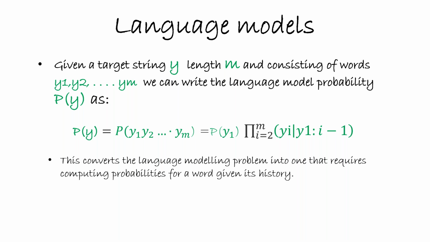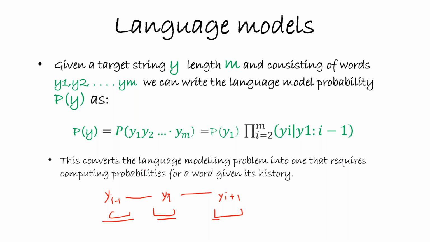Now let's say there is a word yi in a given text. I need the probability given the history of this word, let's say yi minus 1, and yi plus 1. So a word here, a word here, and a word here. We need to get the probability of the history of these words as well.